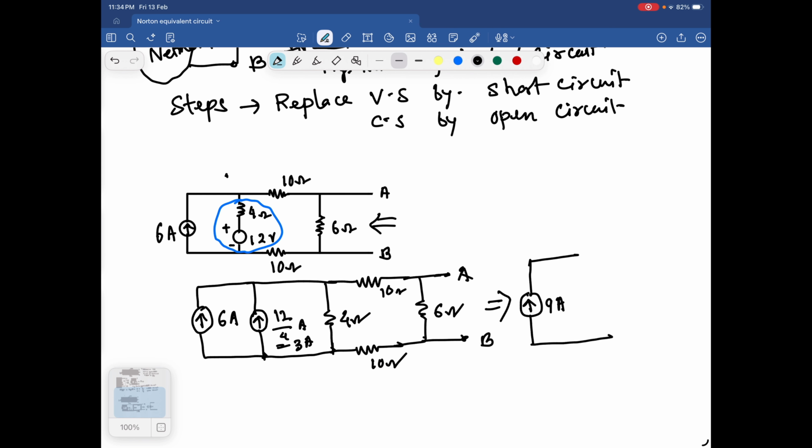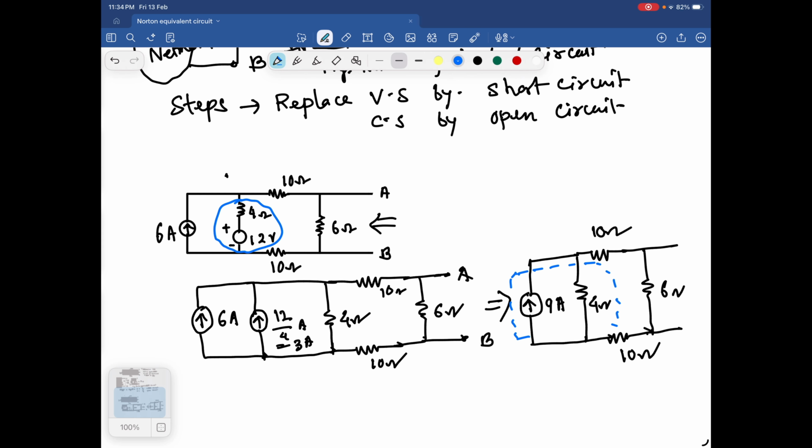And what are the resistances? This is 4 ohm, 4, 10, 10, and this is 6. Now look, again I will apply source transformation. This is one current source and a parallel resistance, so I can convert it to an equivalent voltage source.